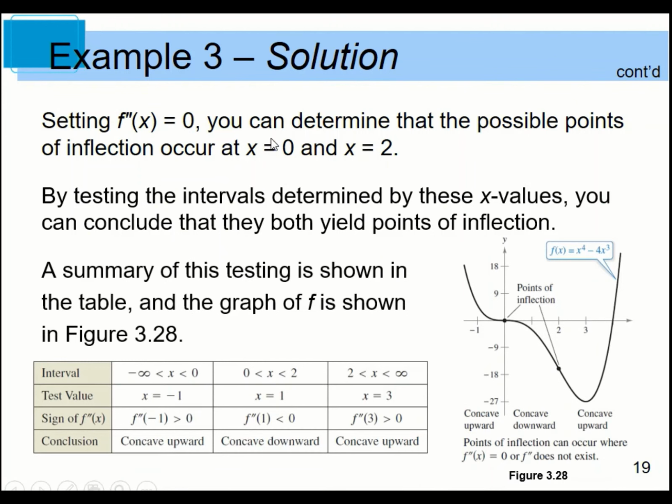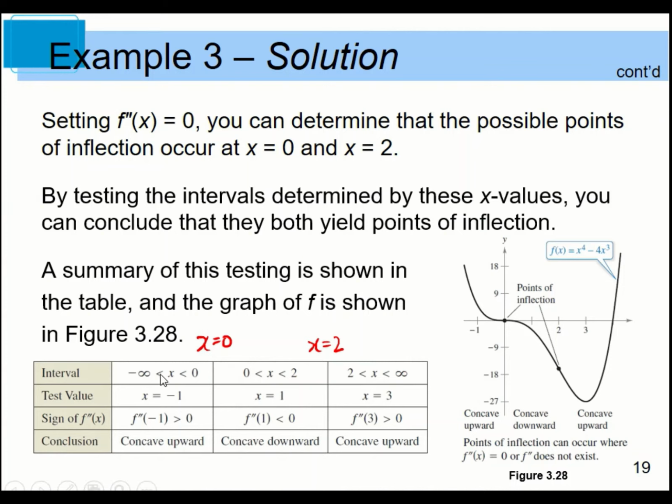So we are going to do some testing. We can use a table where x equals 0 is here, and x equals 2 is this line. So we construct intervals: negative infinity to 0, from 0 to 2, and from 2 to infinity.